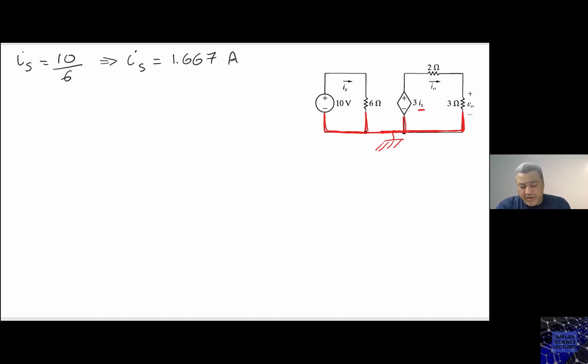But in general, we connect here the negative terminal. You connect it to the negative terminal of that voltage source, right? Now the controlling variable here would be basically the current into this branch.